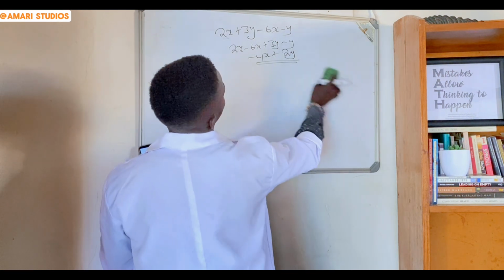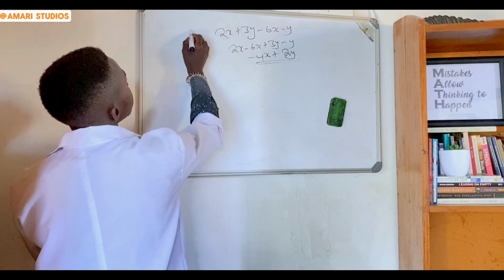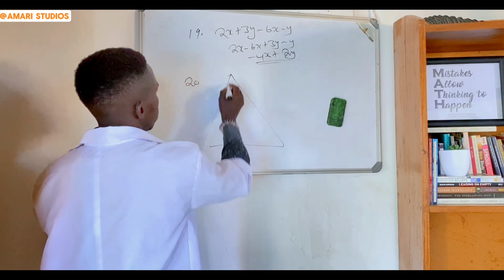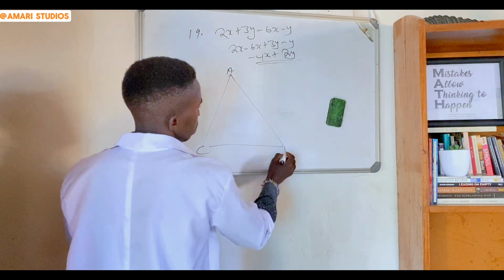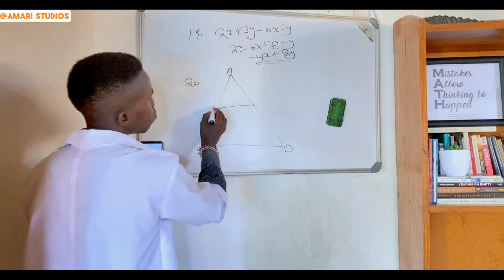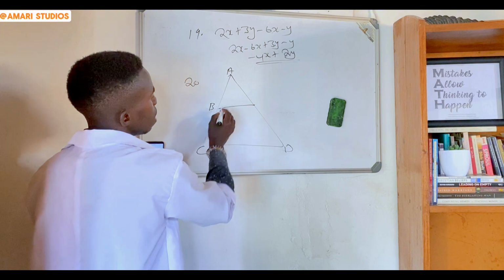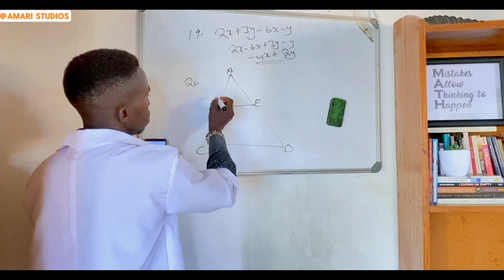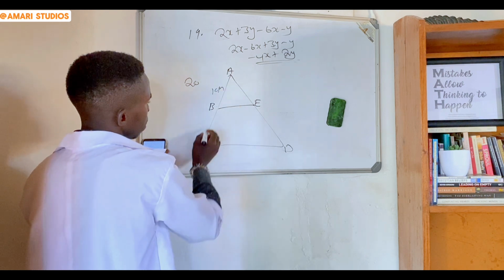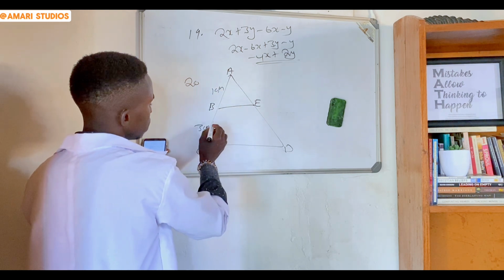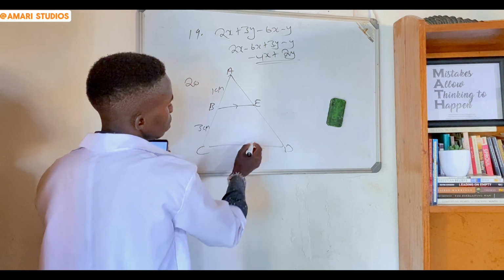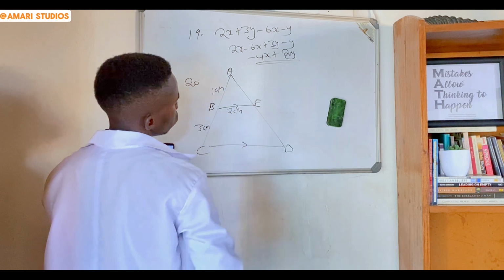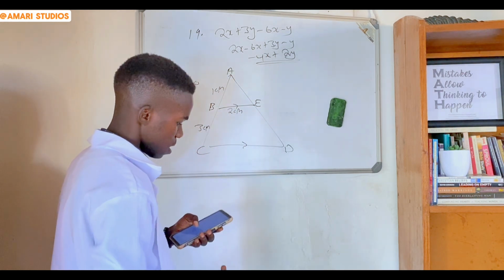Question 20 is saying we have a triangle ACD, and within this triangle there is another triangle, ABE. It says AB is equal to 1 centimeter, BC is equal to 3 centimeters, and BE is parallel to CD, where BE is also equal to 2 centimeters.